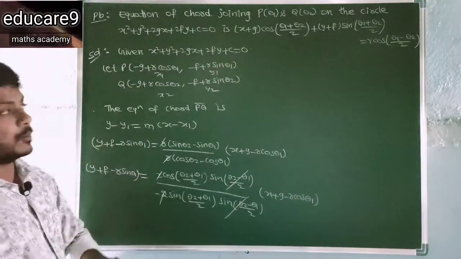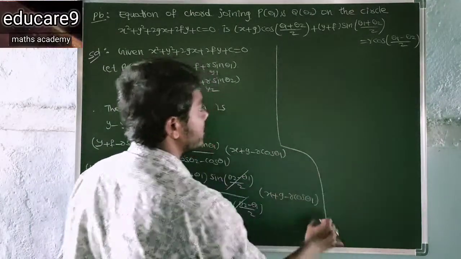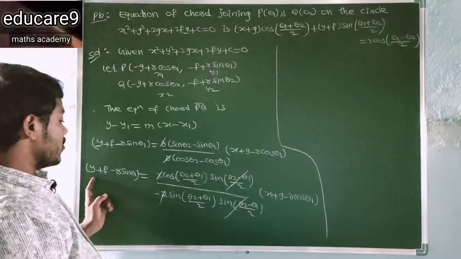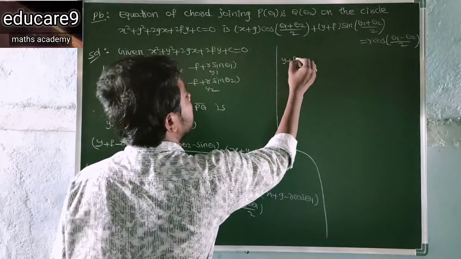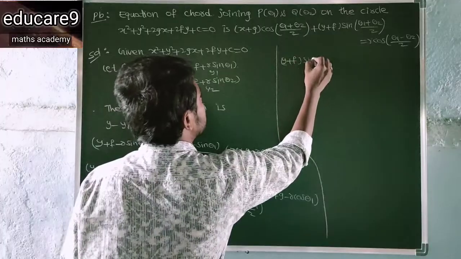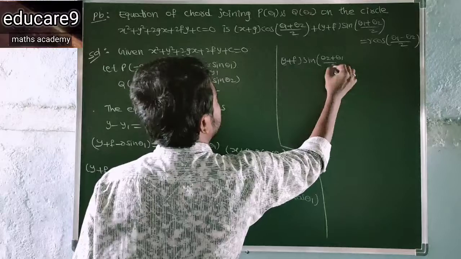Now cross multiplication, what you get? See here, y plus f into sin of (theta 2 plus theta 1) by 2.